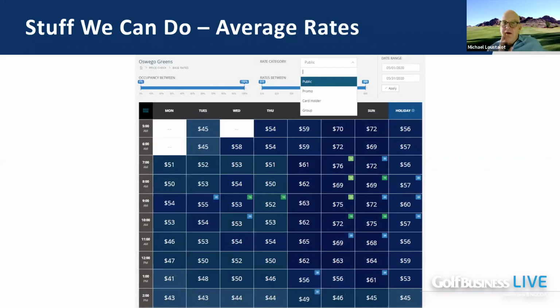Here's another way, right? We talk about the average rate by hour. Well, here's a real slick tool that'll help you understand for any date range, from any rate category, not only what your average rate is, but really what the utilization was for every hour. You do an under par promotion, or you do a 4 links promotion, or you do a golf moves promotion, or you do a Groupon promotion.